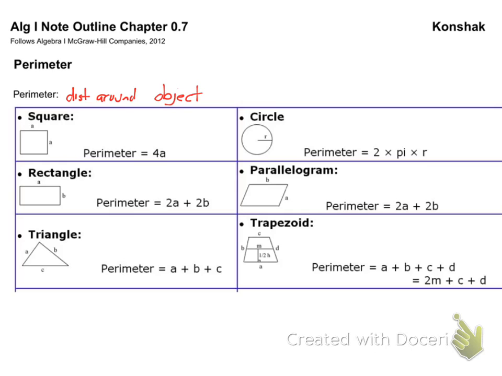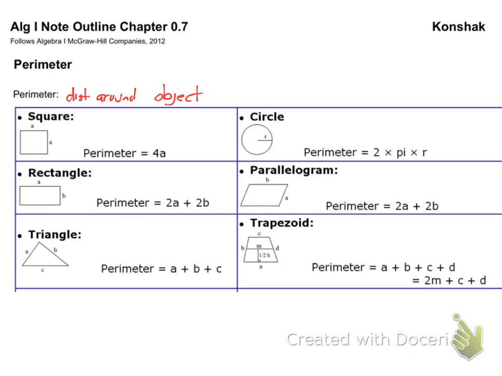You don't necessarily have to remember a square is 4a, where a is a side length, right? That means all sides are side length a. Some books might use L, so it might be 4L for length. You don't have to remember that if you know the formula for a rectangle, where you add up two sides of A, because there's a top and a bottom, and two sides of B, left and right.